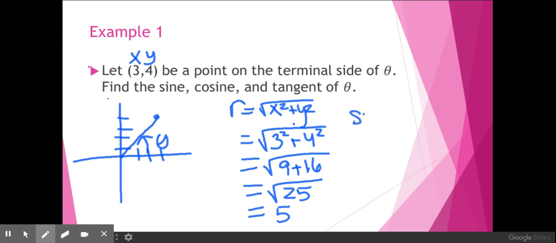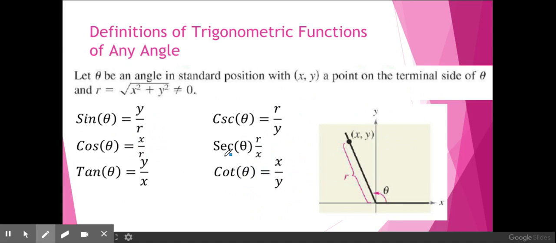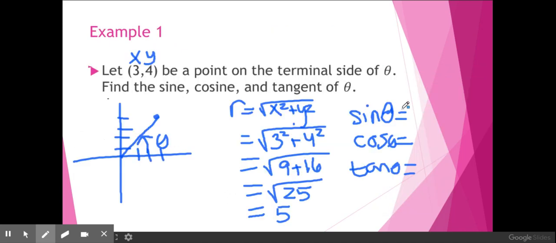To find sine theta, cosine theta, and tan theta, we use the rules from the last page. Sine is equal to y over r, 4 over 5. Cosine is equal to x over r, 3 over 5. And tangent is equal to y over x, 4 over 3.